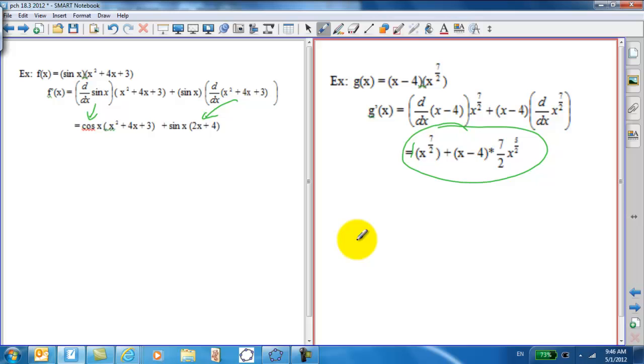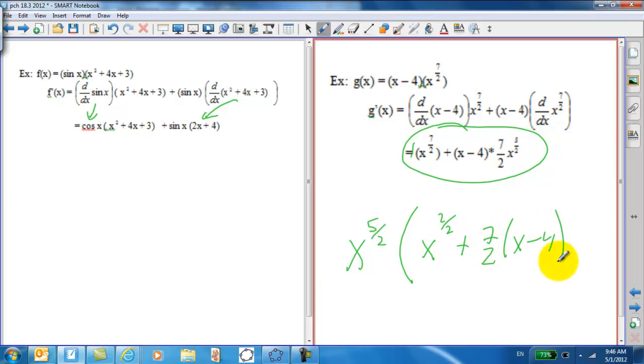You could also try factoring out the x to the 5 halves. When I take x to the 5 halves out of x to the 7 halves, I'm left with x to the 2 halves, or x, times 1, plus 7 halves times (x minus 4). Now, is that simpler?